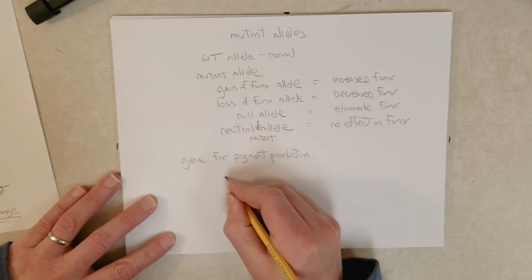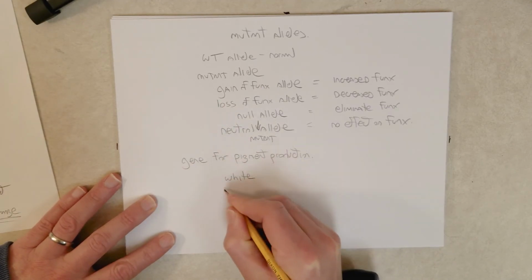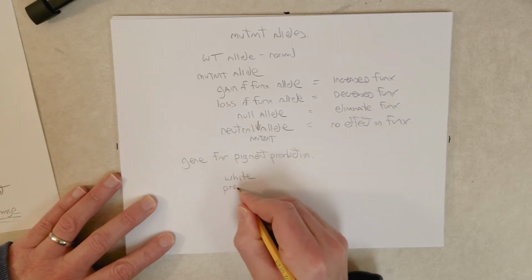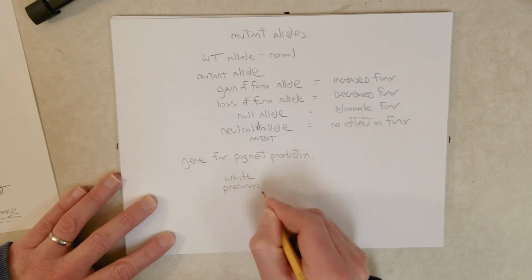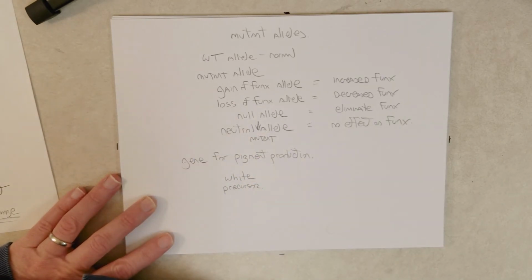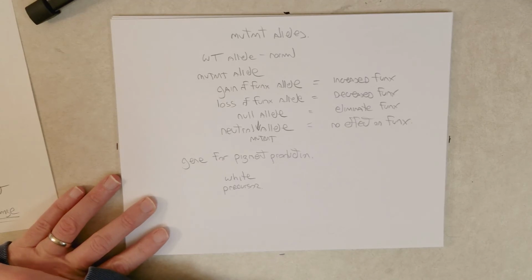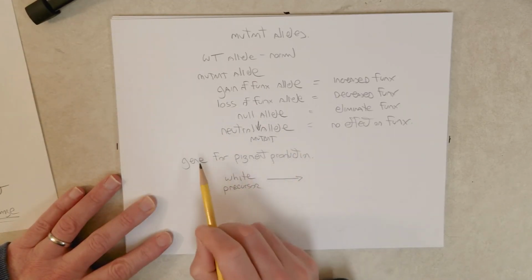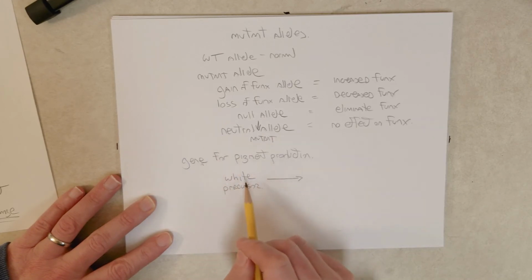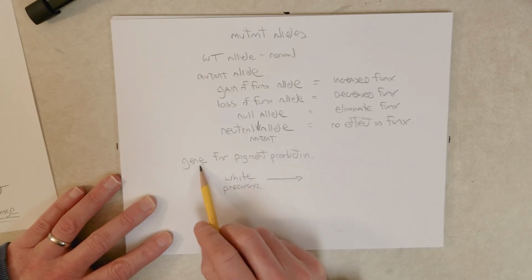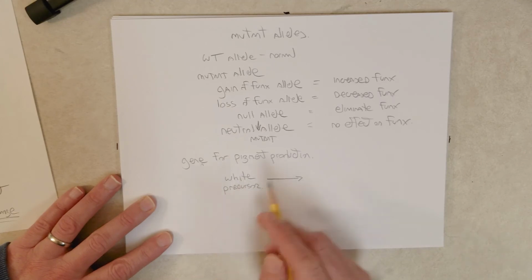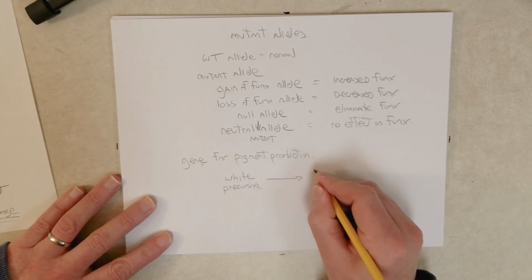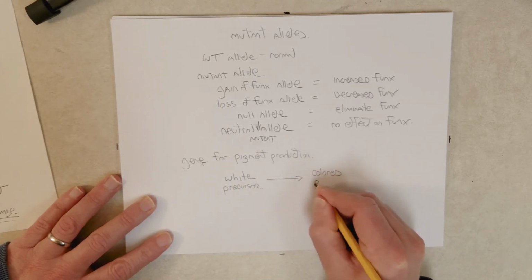Let's say there is some white precursor chemical or white pigment. Now, the gene could encode instructions for making an enzyme that converts the white precursor into a colored pigment.